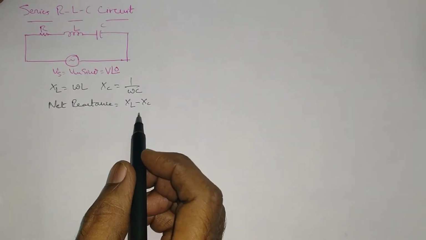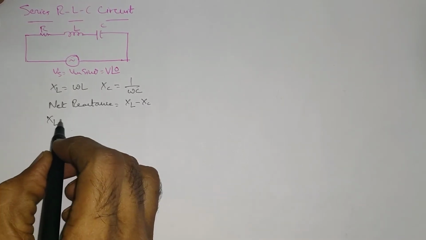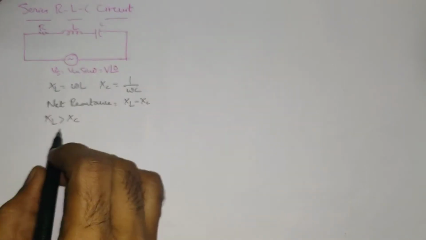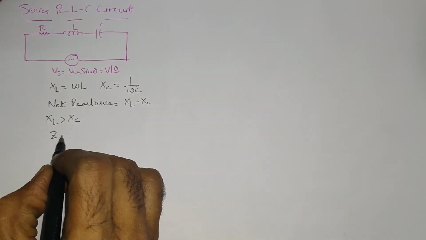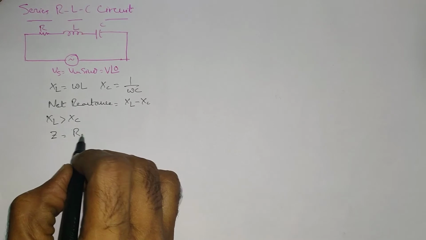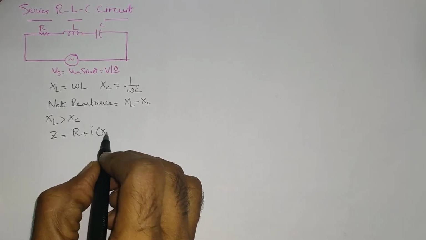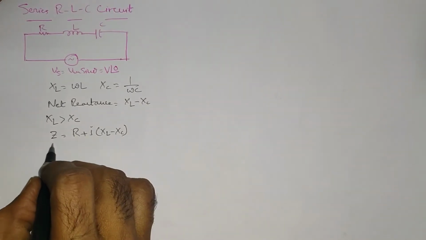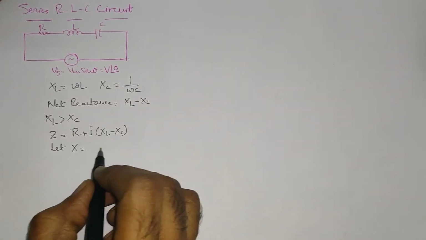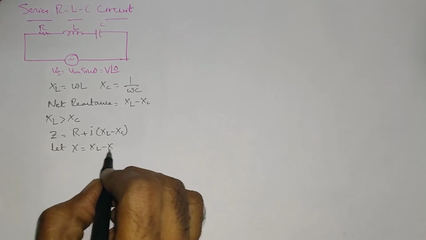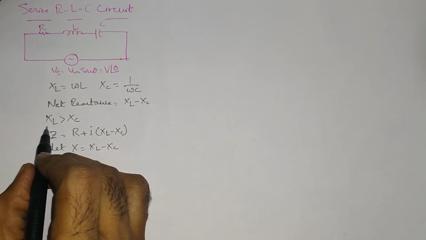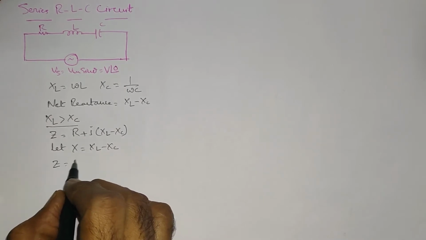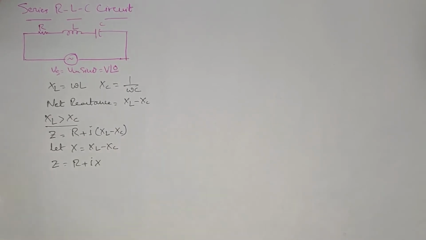Say for example, if you consider the inductive reactance is greater than the capacitive reactance, in that case the impedance of the circuit is going to be R plus j into XL minus XC, and let us consider the net reactance as equal to X. As XL is greater than XC we are going to have the impedance as equal to R plus jX.